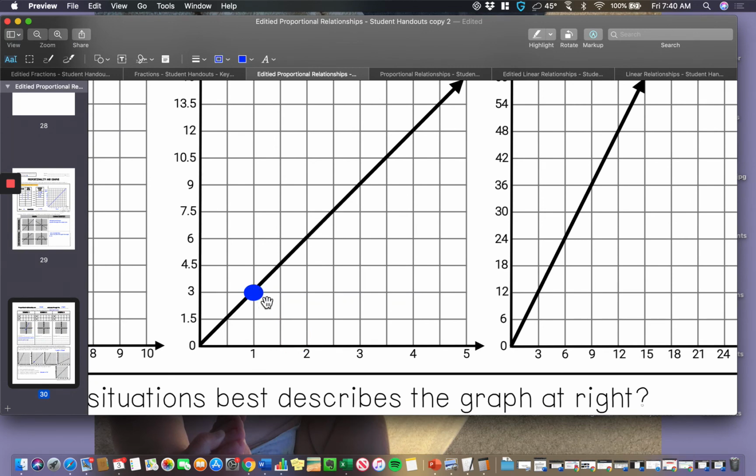All right, this makes this very unique because I can already tell that for every 1 there is 3. So for every 1 yard there are 3 feet.